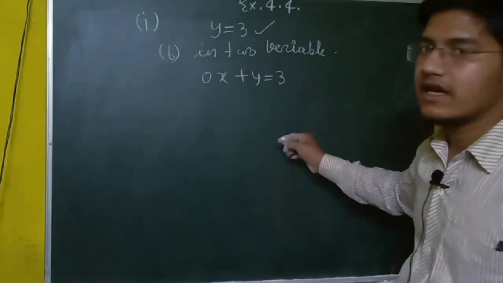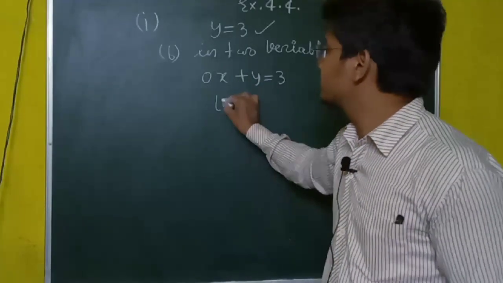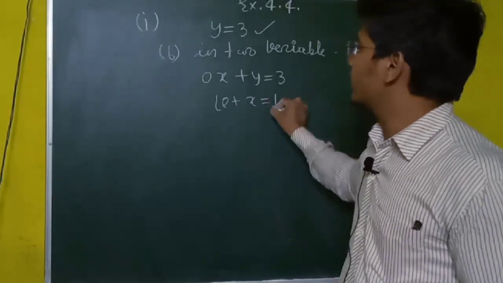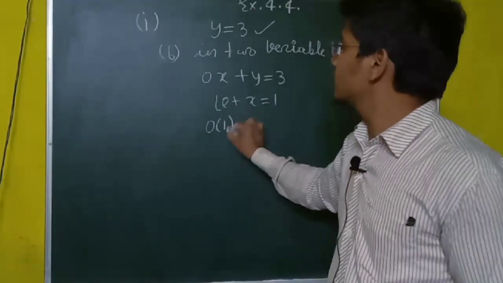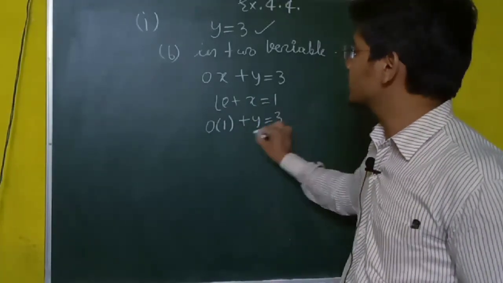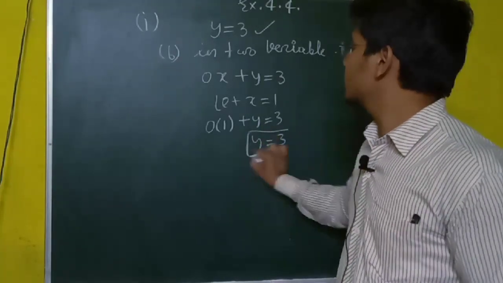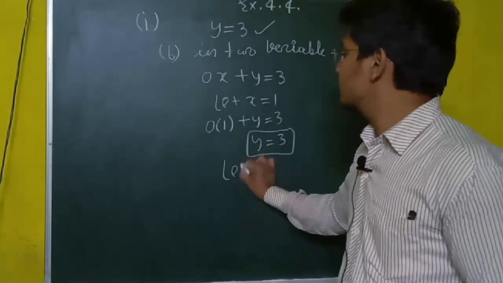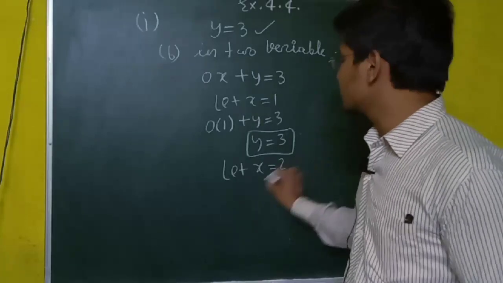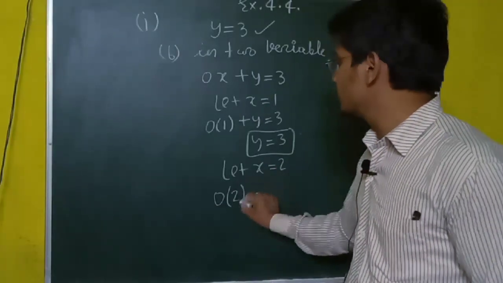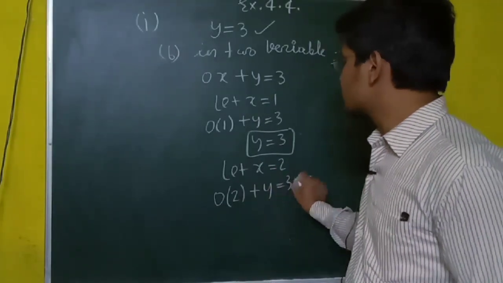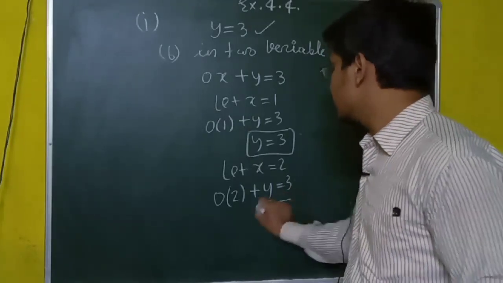So let x equal 1, so 0 into 1 plus y equals 3, so value of y will be 3 only. Now let x equal 2, so 0 into 2 plus y equals 3, so value of y will be 3.